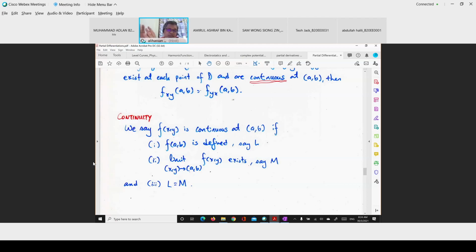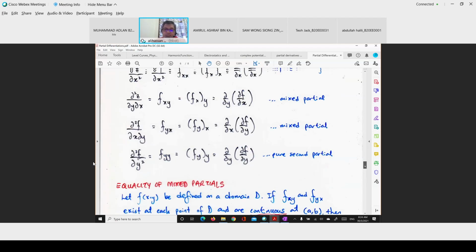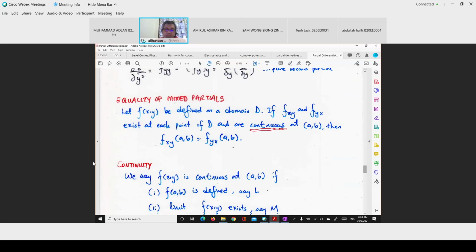This concept of continuity is not discussed in detail in this course, but it is discussed in detail in the mathematics course. In mathematics, these mixed partials are equal provided this continuity condition is satisfied.